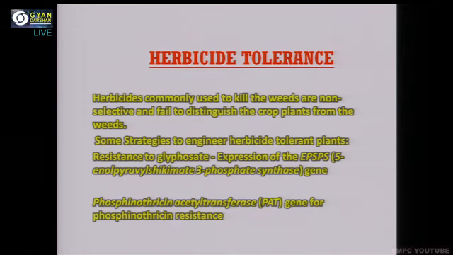Next, we have herbicide tolerance. Now, what is meant by herbicide? In the agricultural field, we are interested only in the agriculturally important crop. We don't want the weeds, the unwanted weeds. So what do we do? We apply herbicides. But what is the problem? The problem is these herbicides also affect the agriculturally important crop.